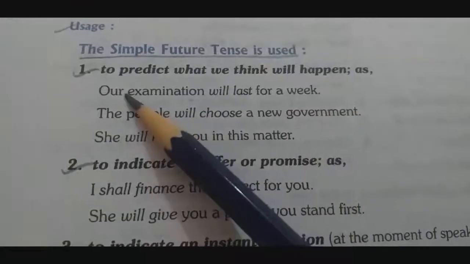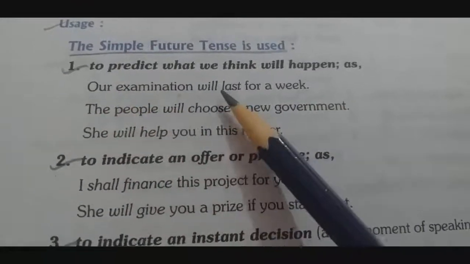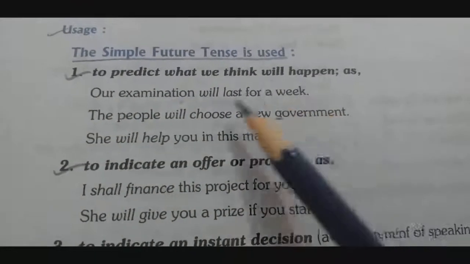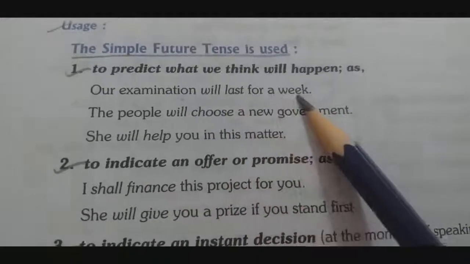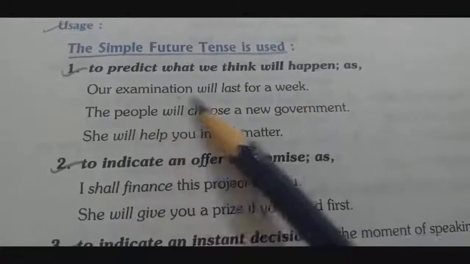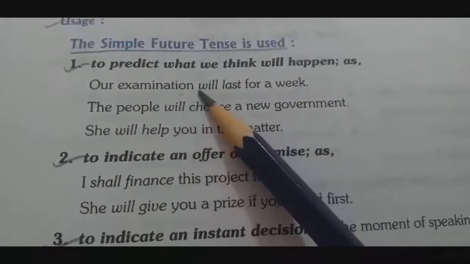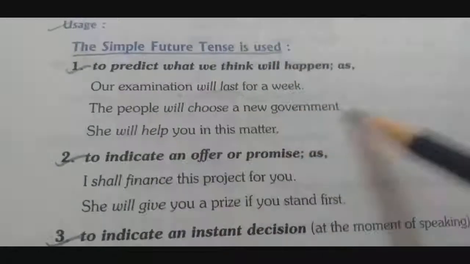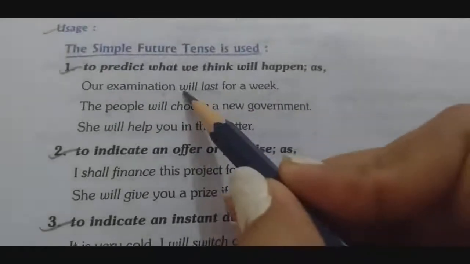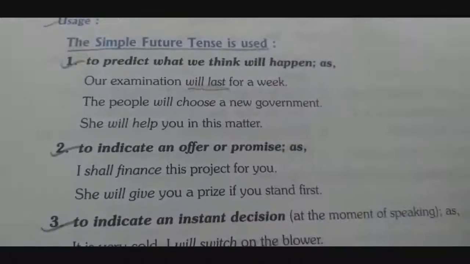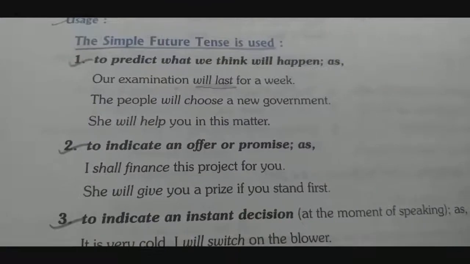So here, when I say our examination will last for a week, that means it will be continued for one week. This sentence is in simple future tense because here I say "will last." Yes, "will last" shows simple future tense.